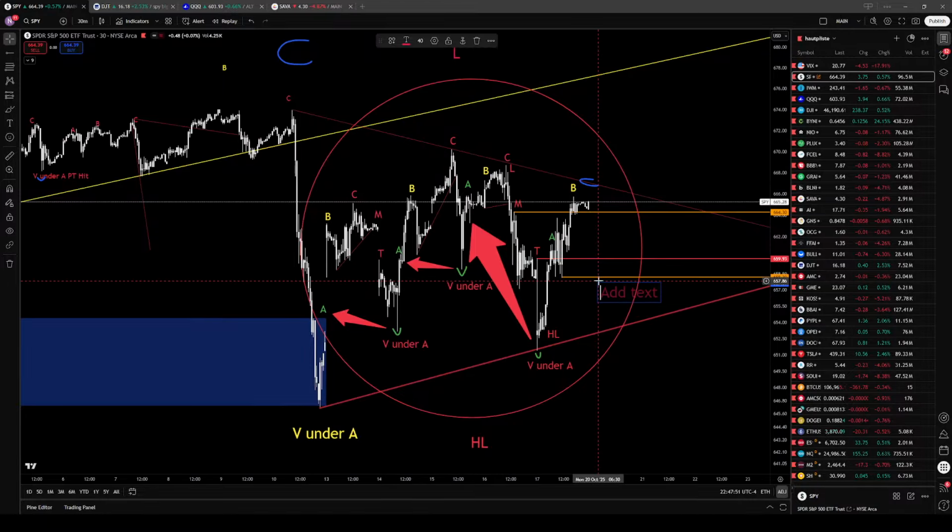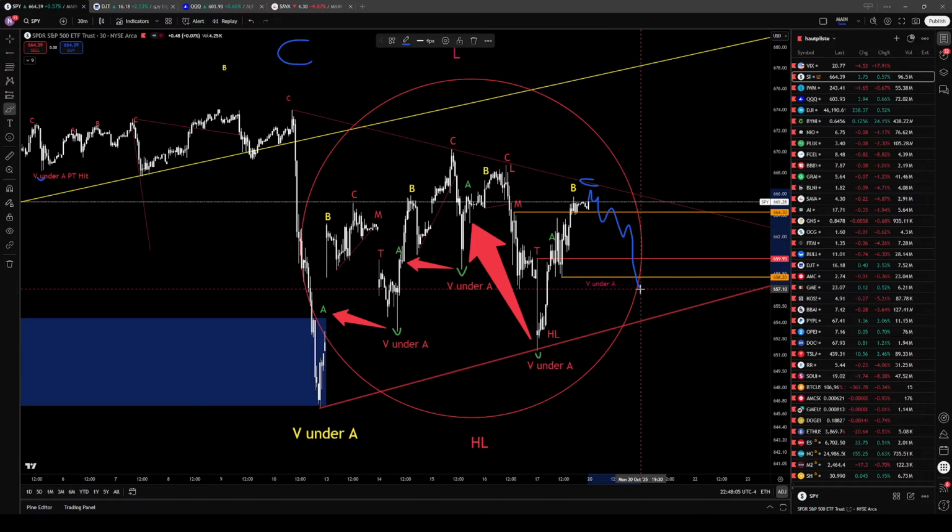So here would be a V under A again. So we'll do the same. Come up, lower high, midpoint, T, V under A, higher low, and then you try it again.